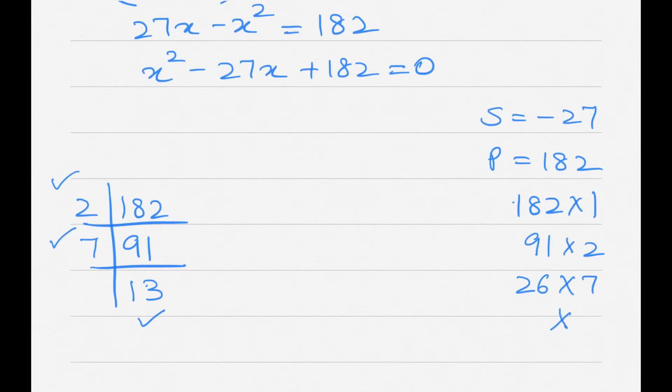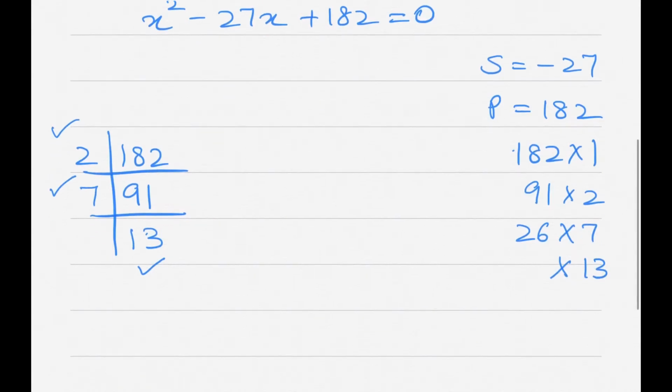Now I'll go to 13 directly. 13 times 14 is 182, and 14 plus 13 is 27, correct?